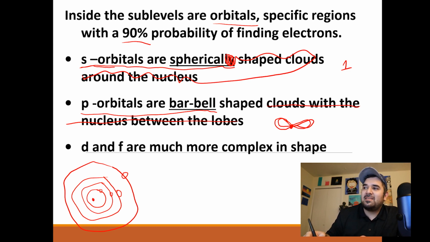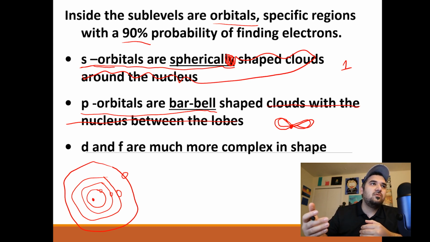If it's lithium, then it's got this s block, and it's also got this barbell shape, and this is holding 1 more electron, because lithium only has 3 total. And that electron could be anywhere in that barbell shape. And as you move forward, as you gain protons, you're also gaining electrons, and you're also gaining orbitals. So here's another figure eight, and this figure eight also holds 2 electrons, and we're going to talk way more about these in a minute.